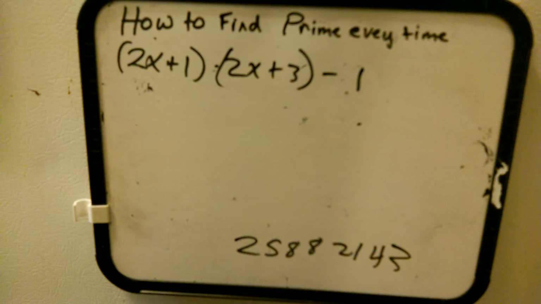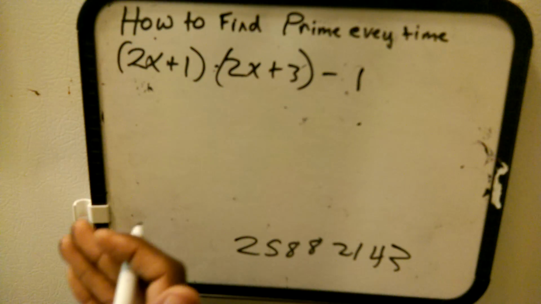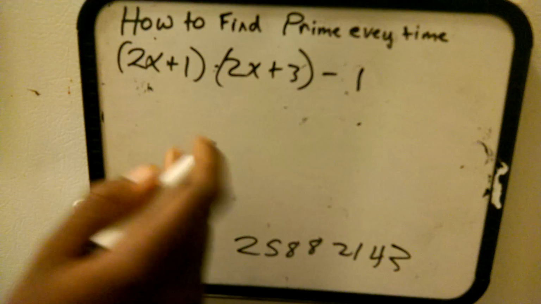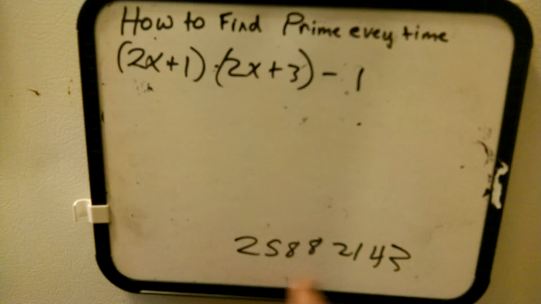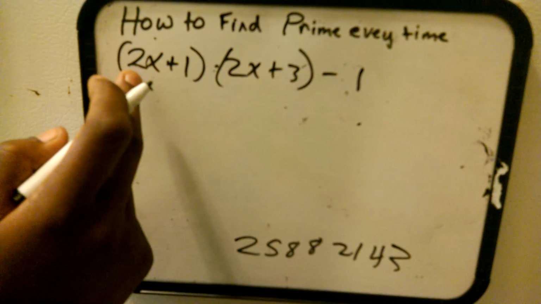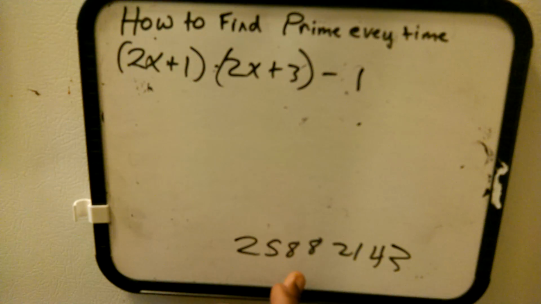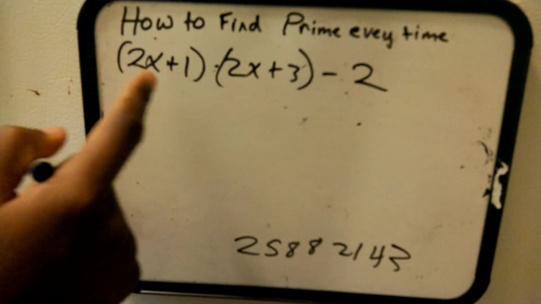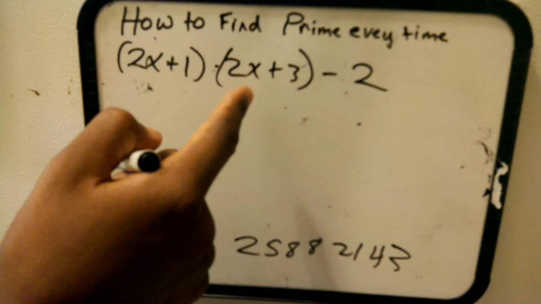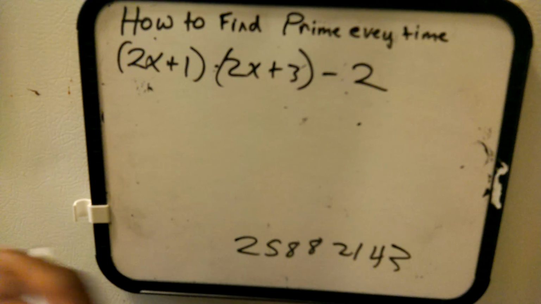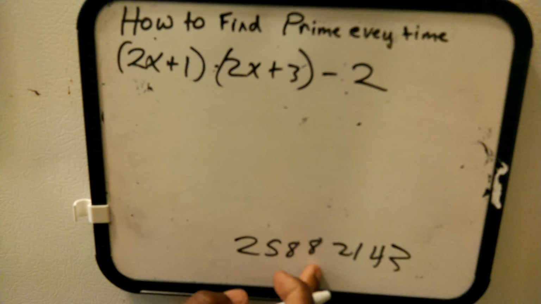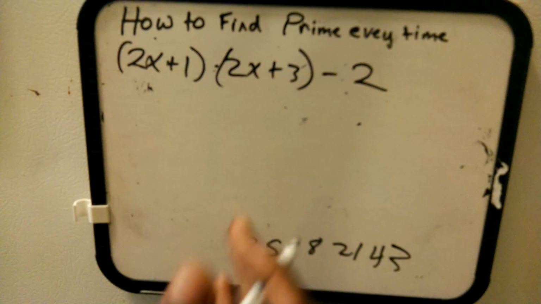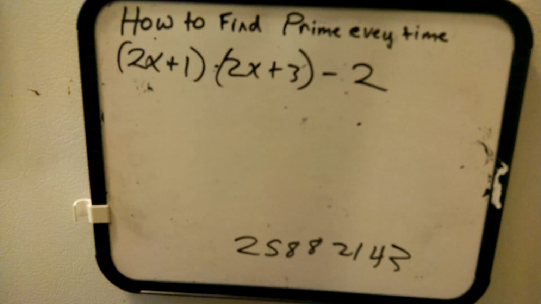Then you should get a larger prime number than the prime number you stuck in. So if I stick this in here and I get a prime number lower than this prime number, then I just change the sign, and then I stick it in again for x, and guess what? I should get a new prime number larger than this prime number. If I keep doing this, eventually I should keep getting prime number after prime number after prime number.